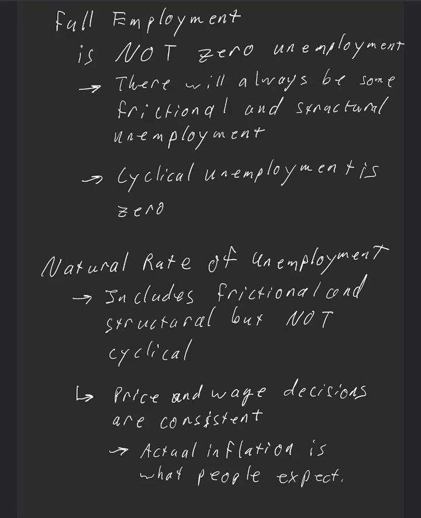Okay, a similarly related idea is this natural rate of unemployment. That includes your frictional and structural, but not your cyclical unemployment. This is kind of a technical definition, bear with me, I'll explain it. This is when price and wage decisions are consistent. There is some level at which employment and inflation are related.